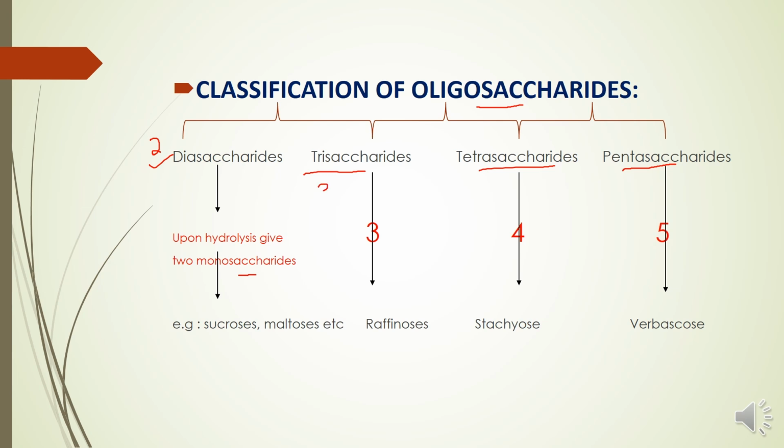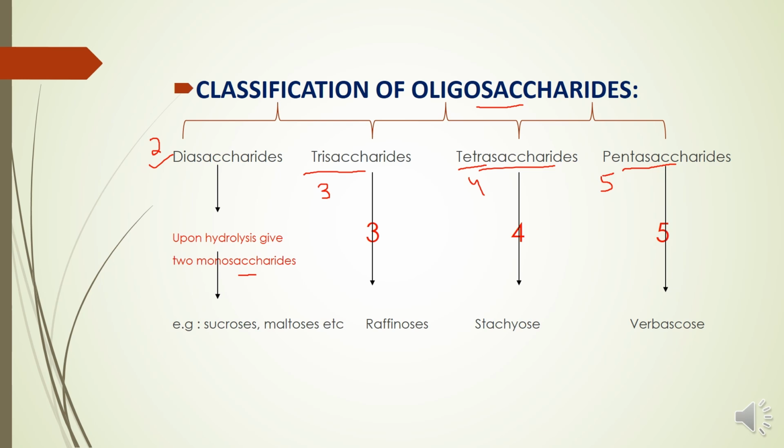Understand, students? And tetrasaccharides give four monosaccharides. Tetra means four. And pentasaccharides give five monosaccharides upon hydrolysis.